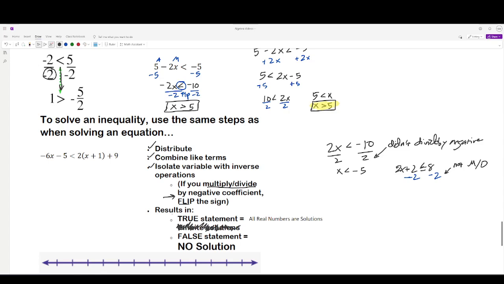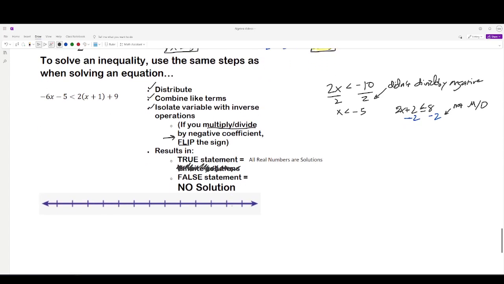And then finally, if we have special cases like we talked about in the last section, remember that these special cases only happen when all variables cancel, and I end up with no variables.